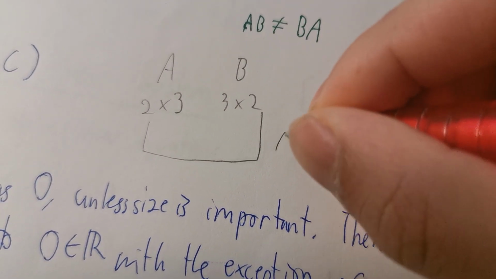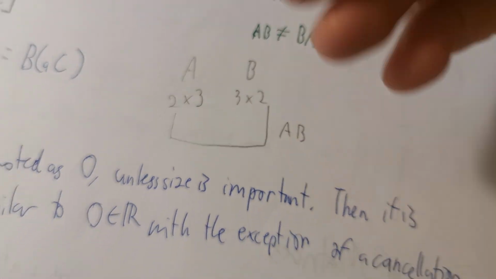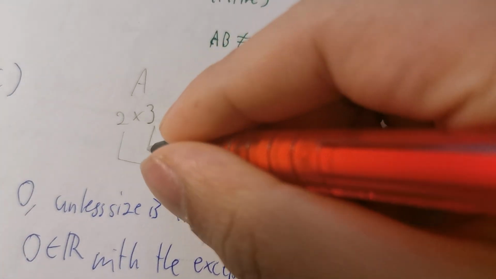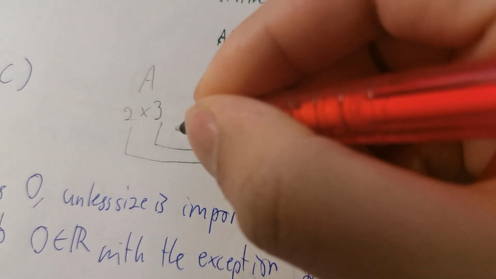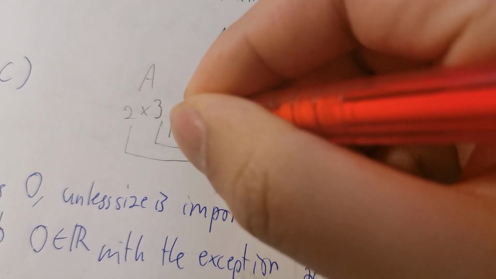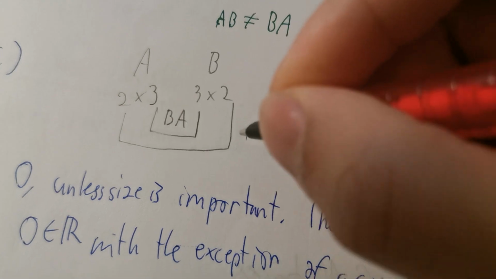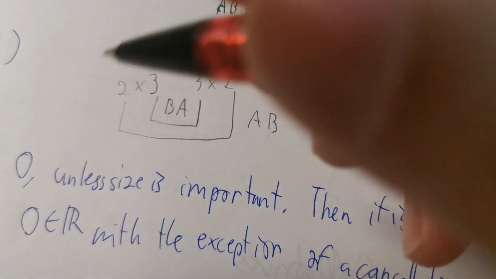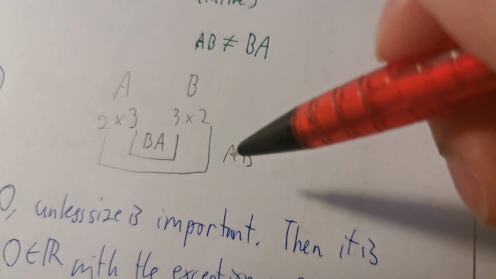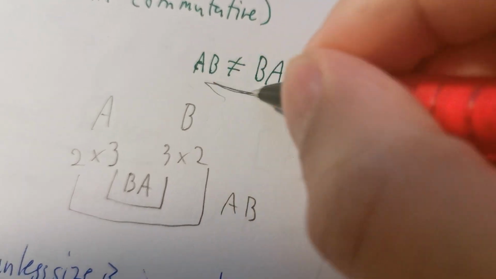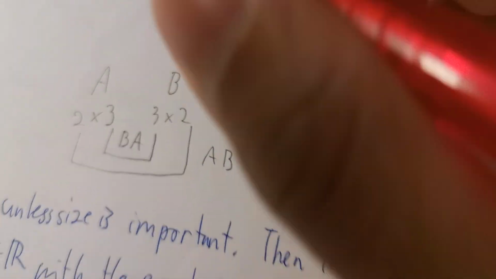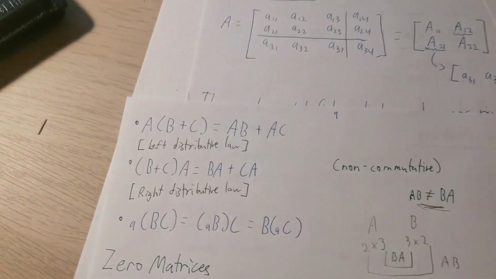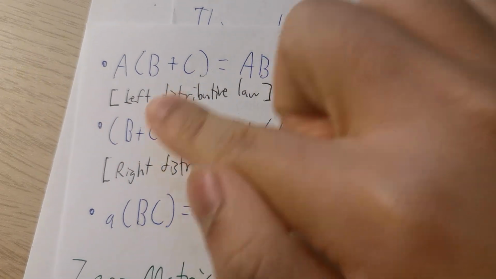But if you do it the other way around and you do BA, then you get an array that has an order of 3 by 3. As you can see, this is 3 by 3 and this is 2 by 2. Therefore, AB and BA can't be the same, which is what gives rise to these rules.